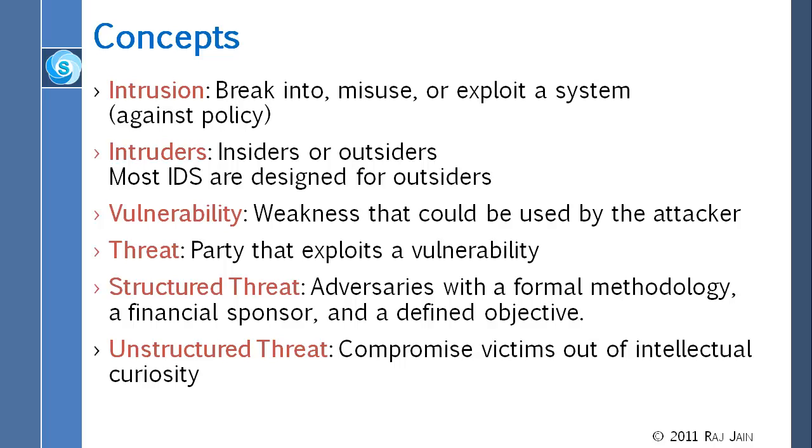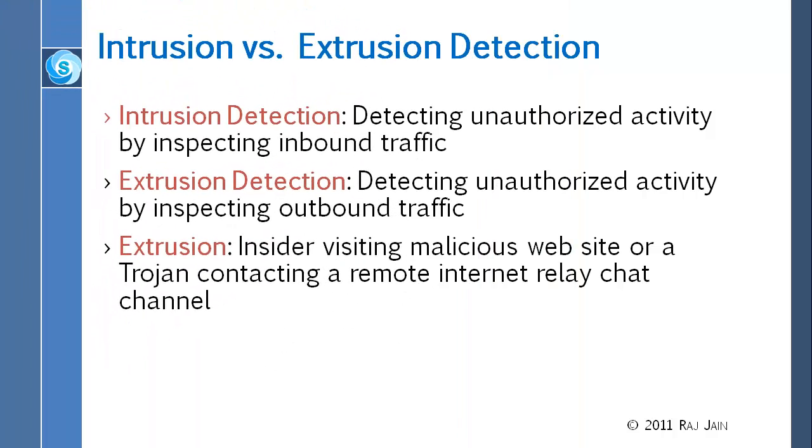A whole competing organization could be after your system, and a whole newspaper might be after your system. We have seen all those cases recently, right? So structured threats are becoming more and more of a problem. Structured threat means people are paid to do this, working for a company to do that.